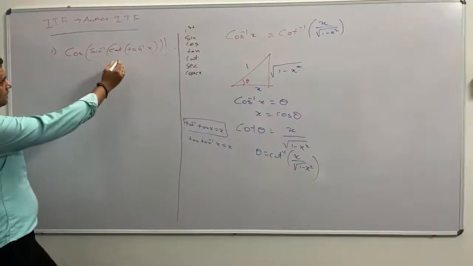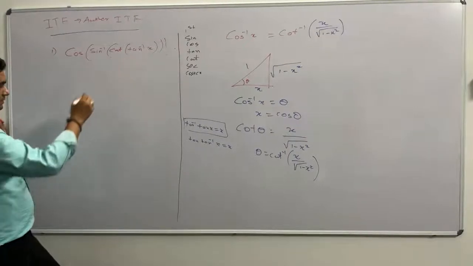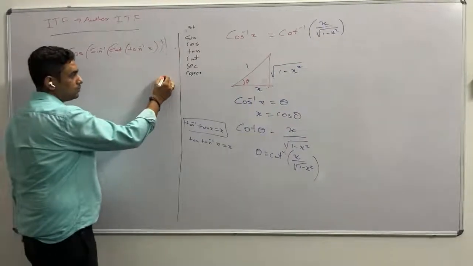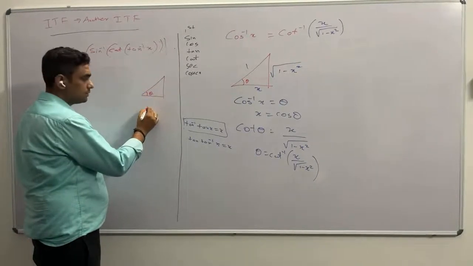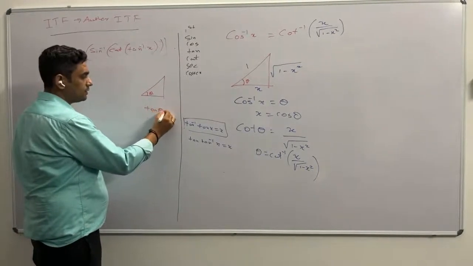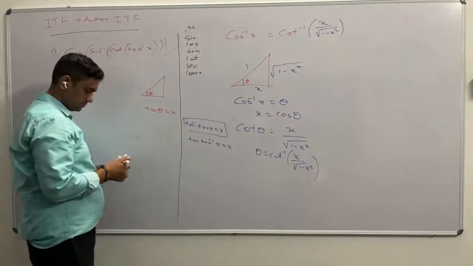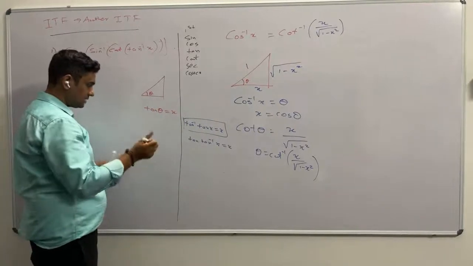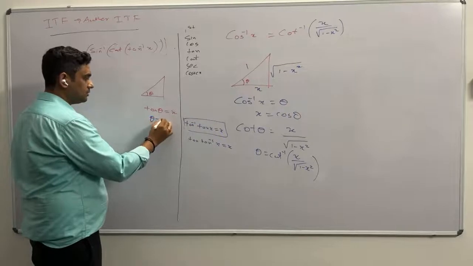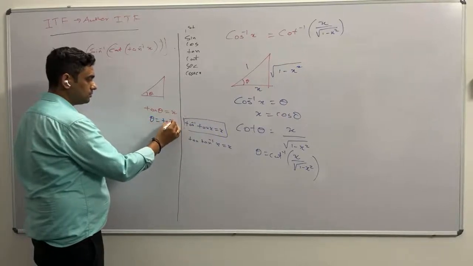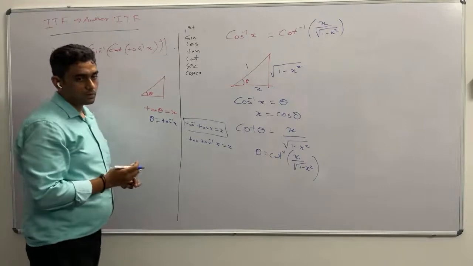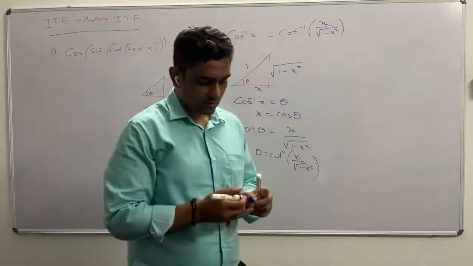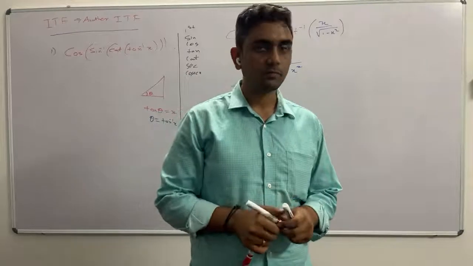So first of all, we have tan inverse x. Let's say this angle is theta, so we have tan theta as x.